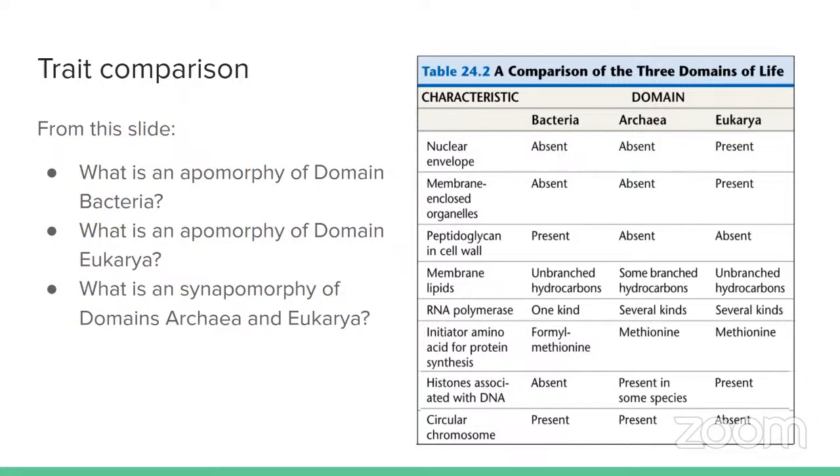More recently, we've been using molecular techniques in order to investigate this further, and we'll see a tree based on rRNA sequences in a little bit. But some of the things that we could observe under a microscope or with some basic tests are in this table. So this gives us a great chance to practice some of our terms.